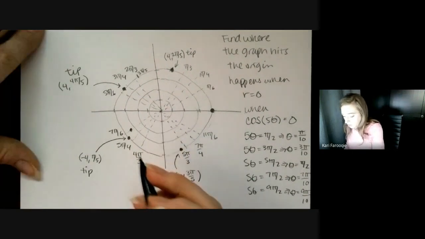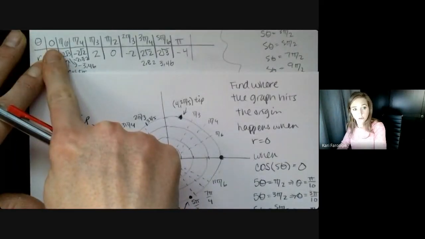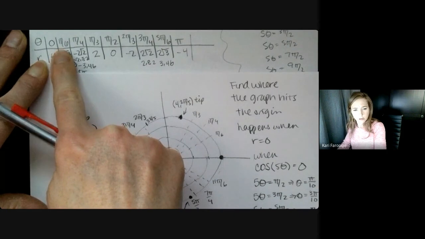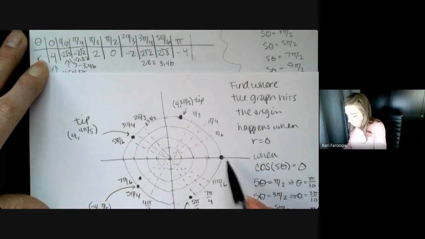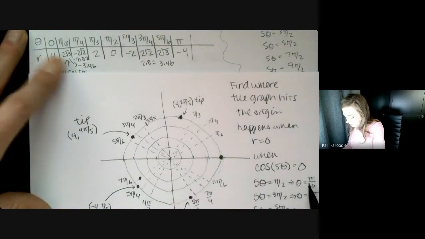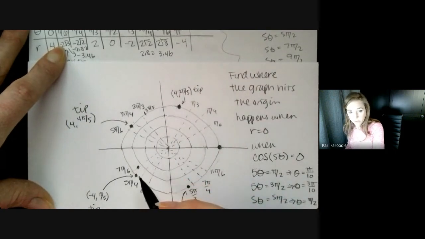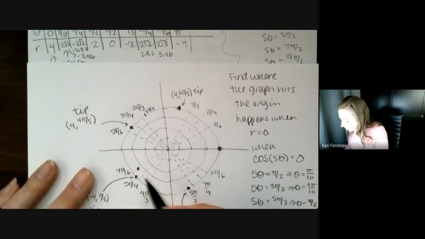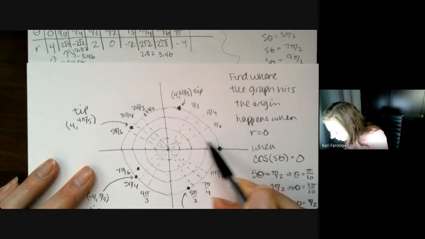So you went from 0 to, oh yeah, this would be your next point, pi over 10. And then pi over 6, and then pi over 5. So you would kind of have to draw these all in order. But you can see that at pi over 10, you've got this really small angle here.